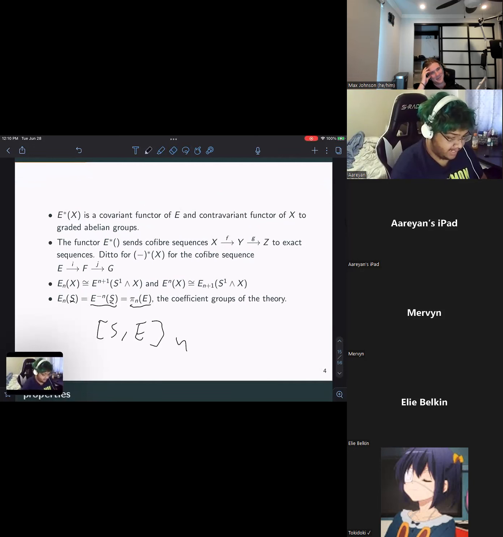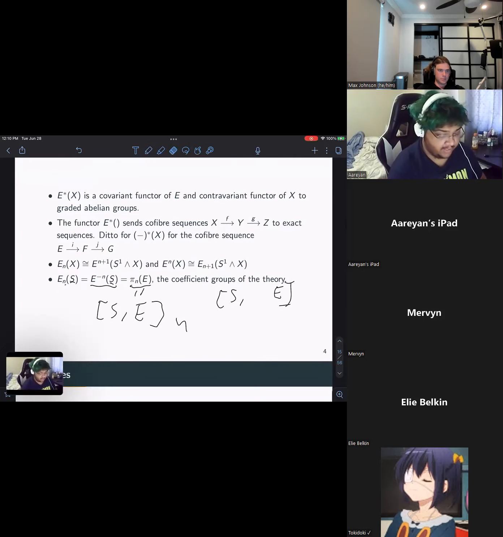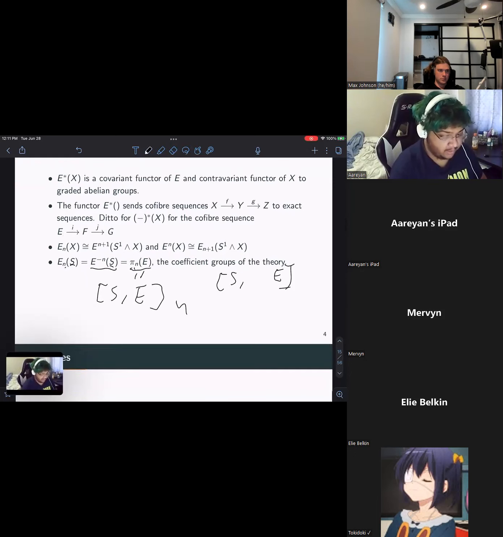And this is obviously pi_n E. And same for this one, this is the maps from S, and then S smash E. We know how the smash product works: S is the unit of the smash, so it also turns into this. So same reasoning. It turns out that pi_n E is the coefficients that, quote unquote, determine my homology theory.